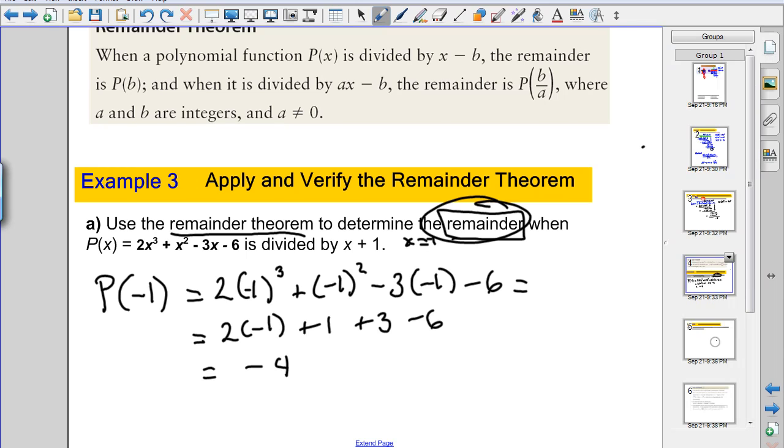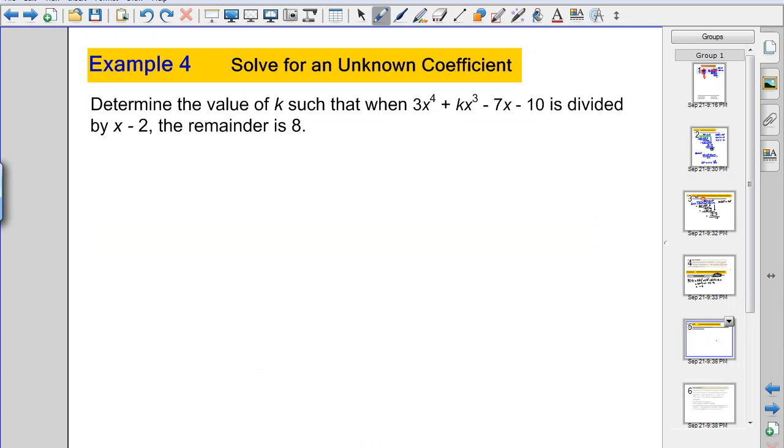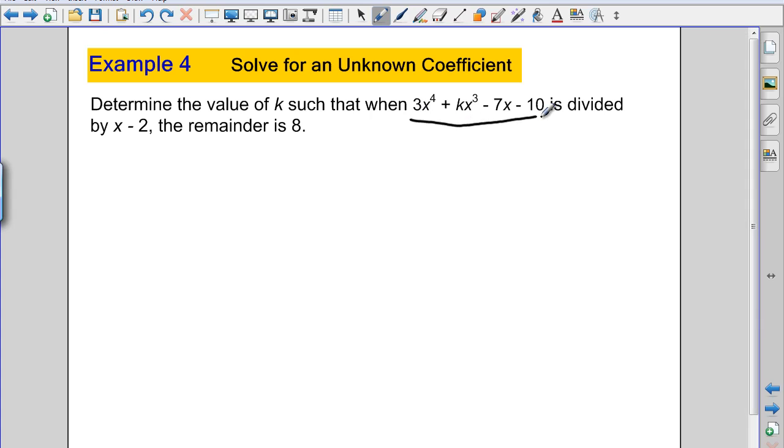The final example we're going to take a look at is, this time they've given me a partial polynomial with two variables, x's and k's. I am told that when I do divide x minus 2 into this polynomial, the remainder is 8. So the equation looks something like this.